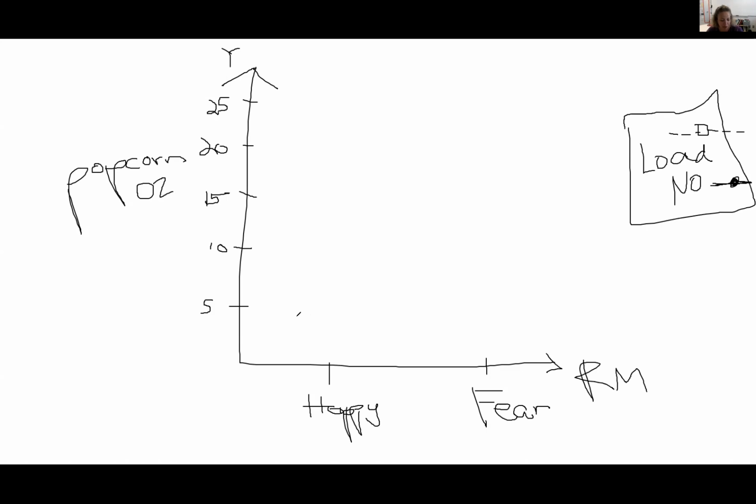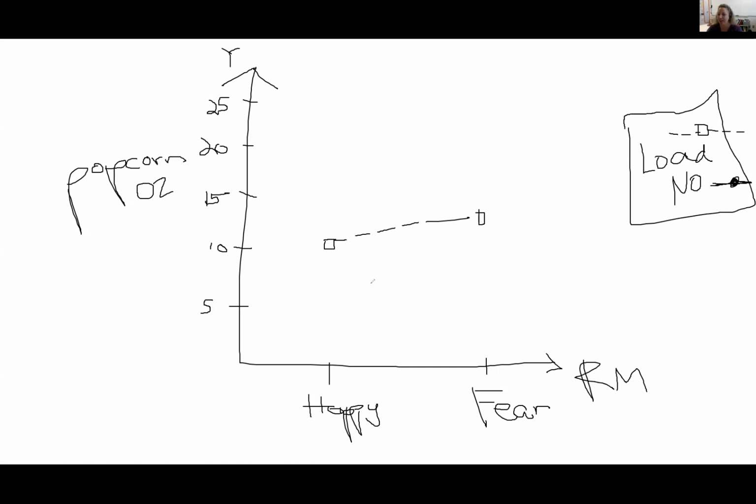Okay, so we're going to make a plot for each person. So the first person in the happy film, how much did they eat? They ate 10 ounces of popcorn. And then in the scary film, they ate 12. And I'm going to use squares and dashes because, can I undo that?